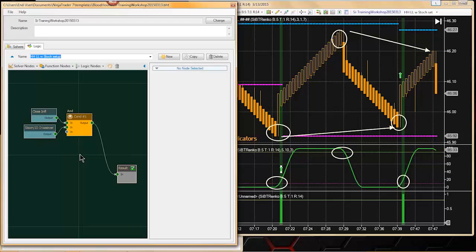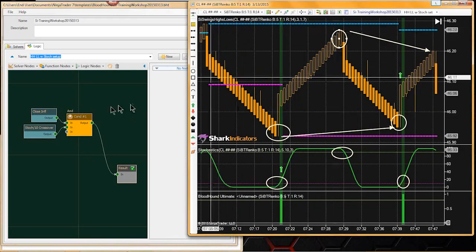When you start building a bigger and bigger system, as you look back upon it, it's really helpful to have things named so you understand what's going on here. All right, so now let's move on to condition 2 here.